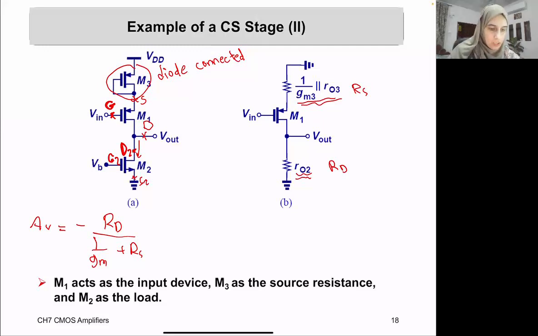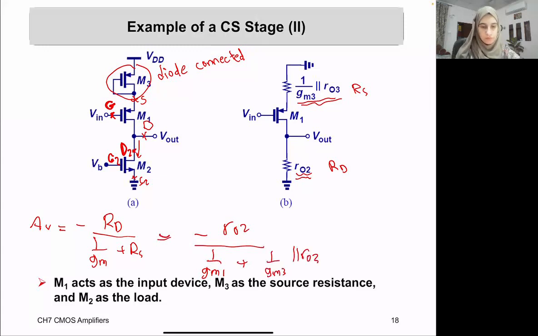So it will be minus R out 2 over 1 over GM1 plus RS. Again, GM1 because it is the transistor responsible for the amplification task. RS here is 1 over GM3 in parallel with the R out 3. And this is what we just did here.